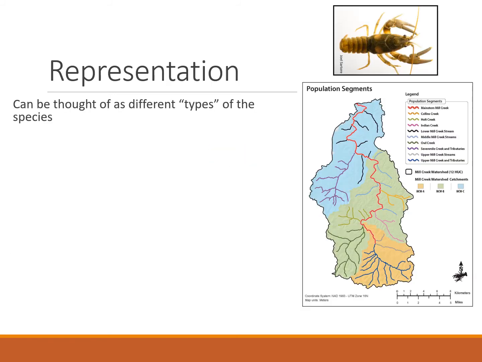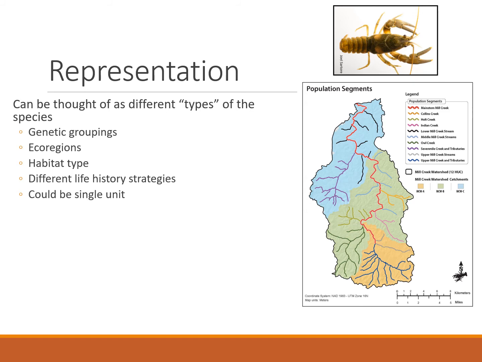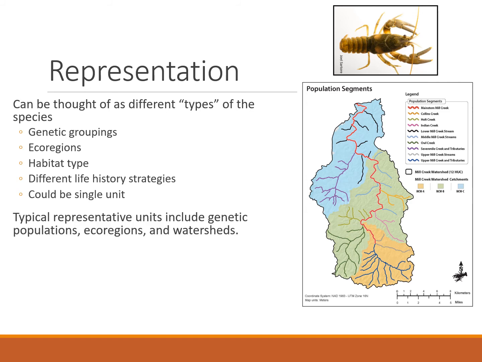So representation can really be thought of as having different types of a species or taxon. And these can be genetic groupings, like I just used in my example, ecoregion use, habitat type use, different life history strategies or behaviors employed by the taxon you're evaluating, or in some cases, they may be a single unit, and you may not have any kind of representation units to use.